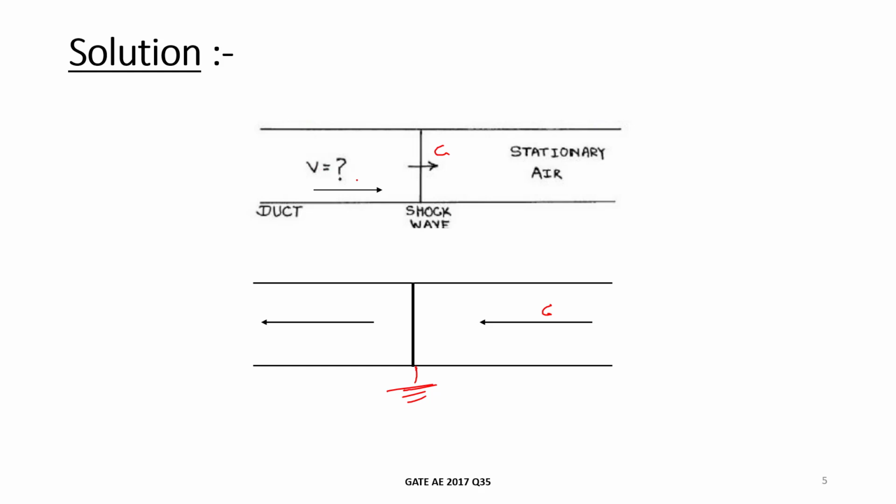This velocity will become c minus b. And this we say upstream 1 and this is the downstream 2. Here velocity we have given as u1 equal to c, and here u2 equal to c minus b. Similarly, all other properties p1, T1, ρ1 and p2, T2, ρ2 are like this.